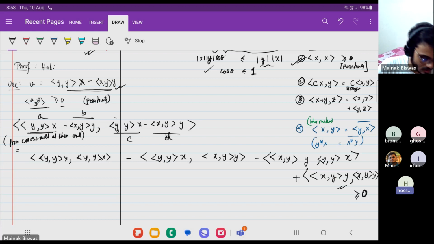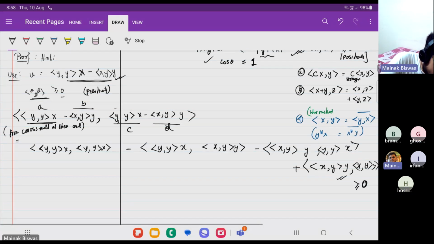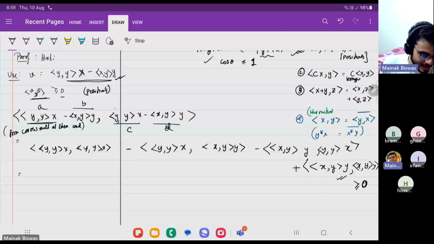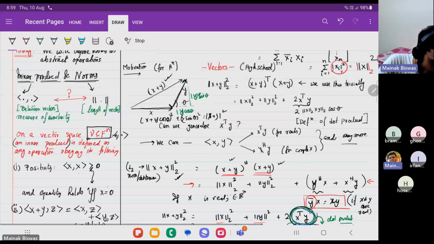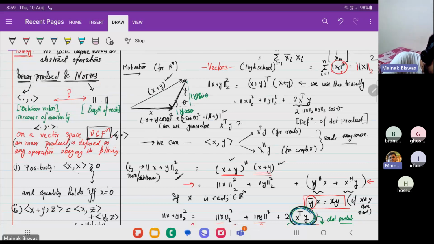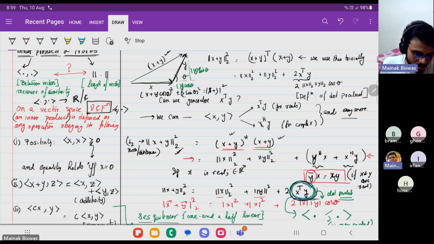Yes, sir. Good. So what will you get from the first term? What will I use? You agree that this is a number, complex or real, something? Because inner products, by definition, convert two vectors into a similarity score. Real or complex, we don't know yet. It depends upon the type of vectors.